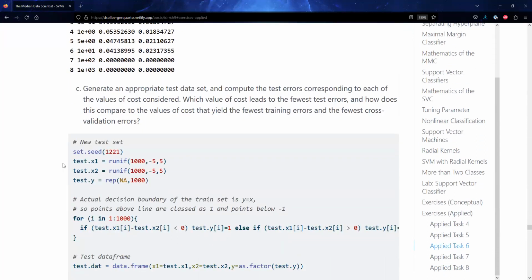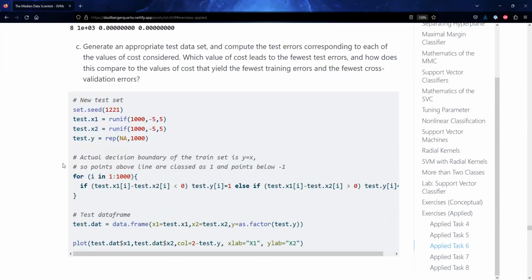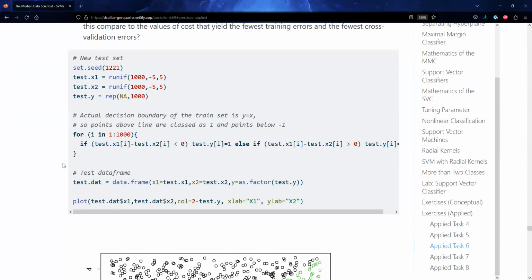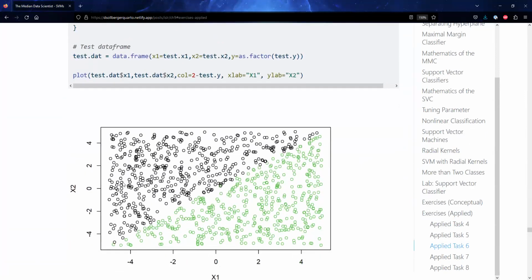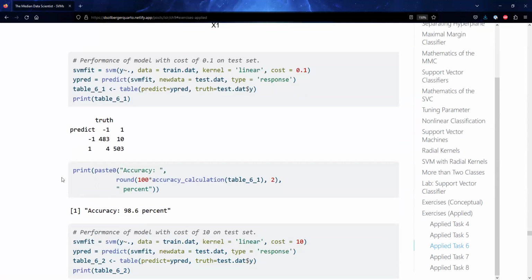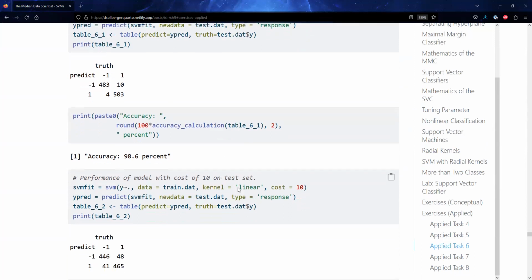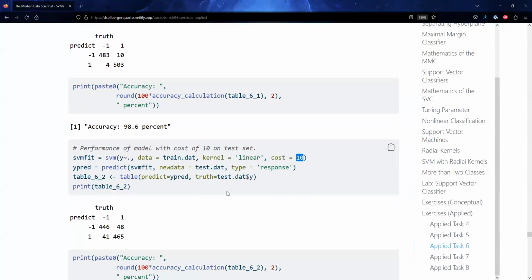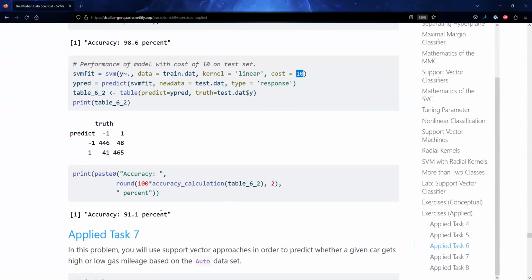So now in part C, we have a test set, but trying out the similar separating hyperplanes from before. We see that with a cost of 0.1, we get an accuracy of about 98.6%. And with a cost of 10, we get an accuracy that's lower.